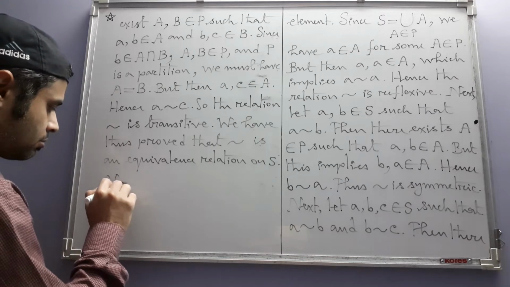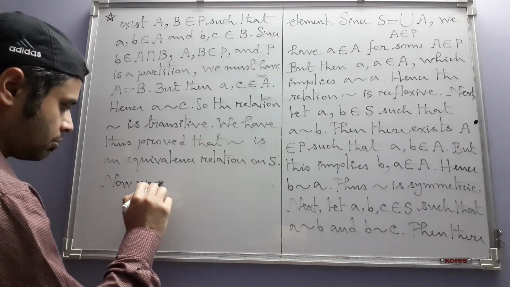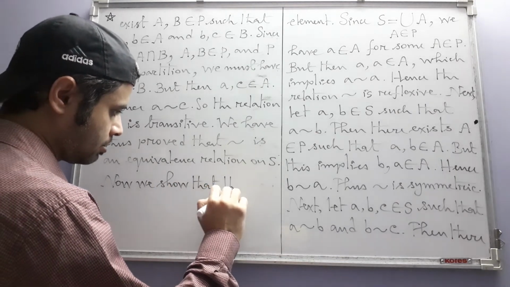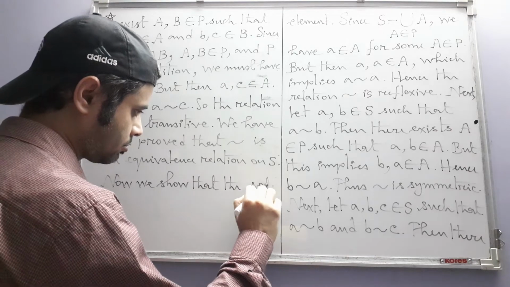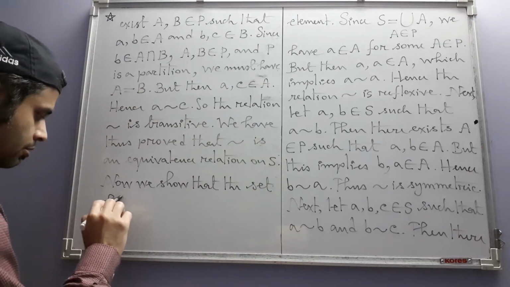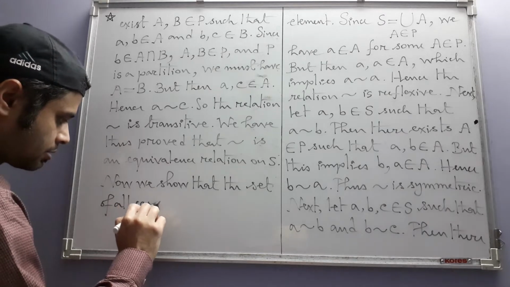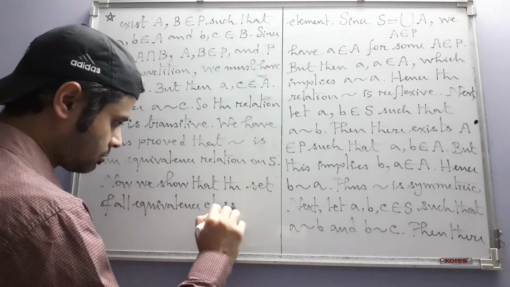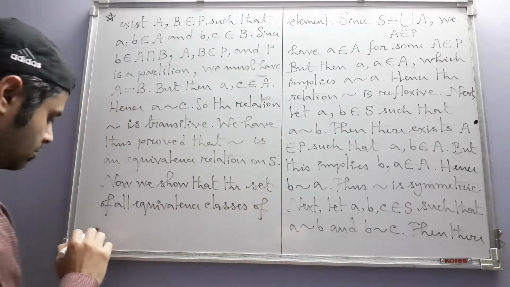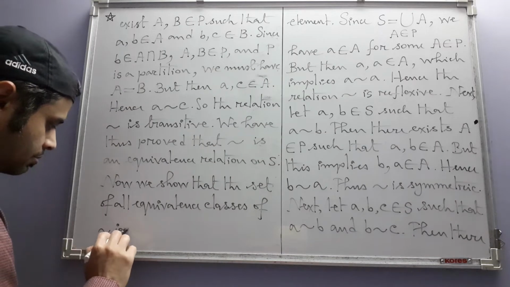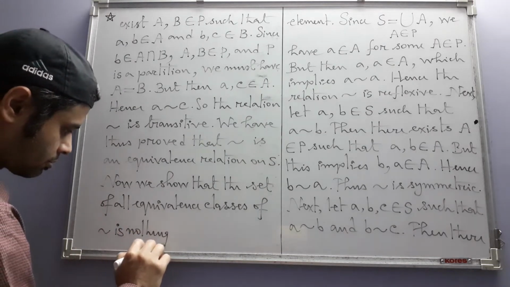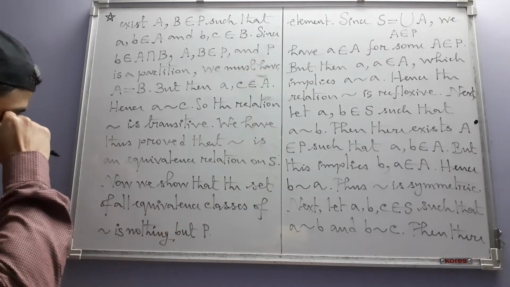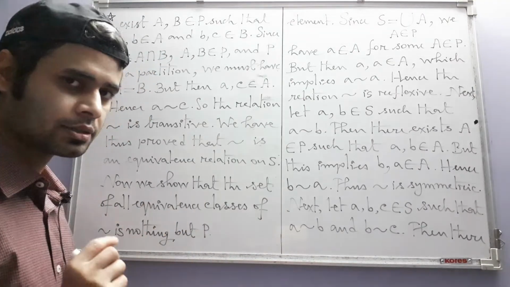Now we show that the set of all equivalence classes of our relation is nothing but P. So that means we need to concentrate on some equivalence class.